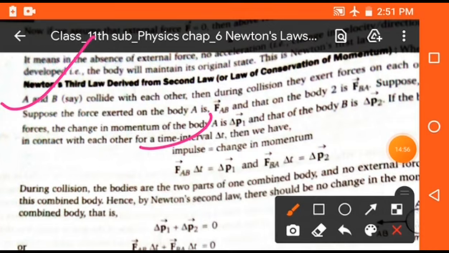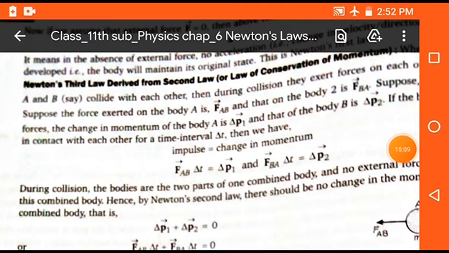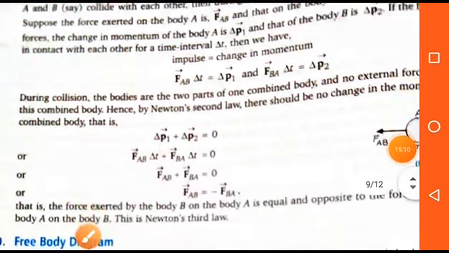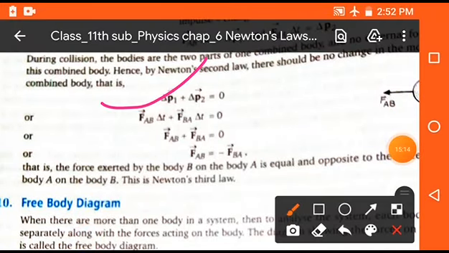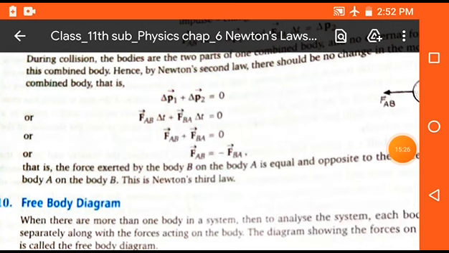In the same way, delta P2 is equal to F_BA into delta T. From the law of conservation of momentum, total momentum remains constant in a system, so delta P1 plus delta P2 is equal to 0. On putting the values, finally we get F_AB is equal to minus F_BA. So it represents Newton's third law of motion.